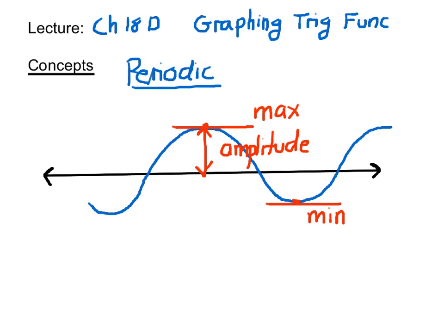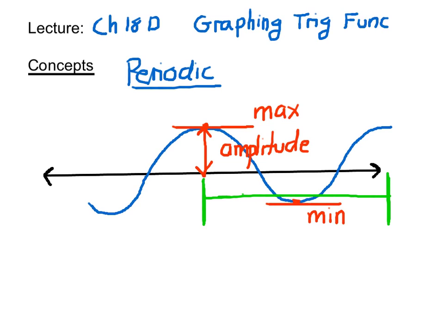One other term that we need to look at is the period. And the period is the distance that the wave travels, or this periodic function travels, in one revolution.